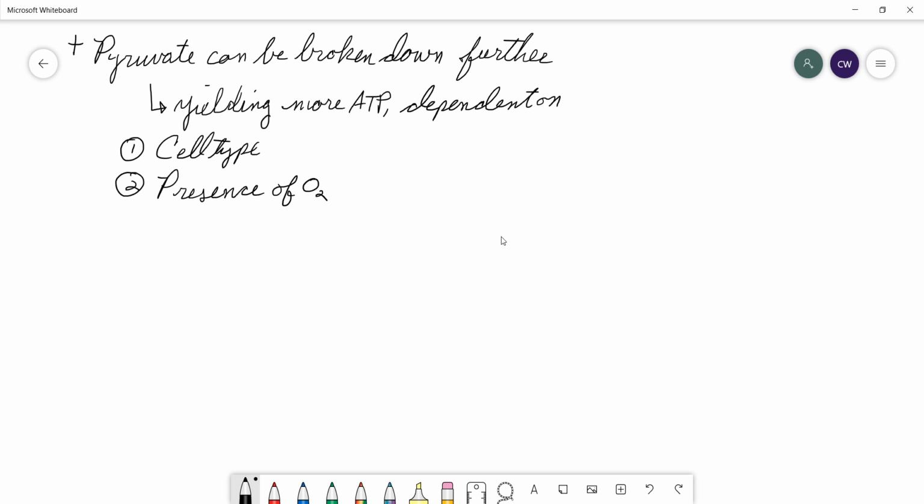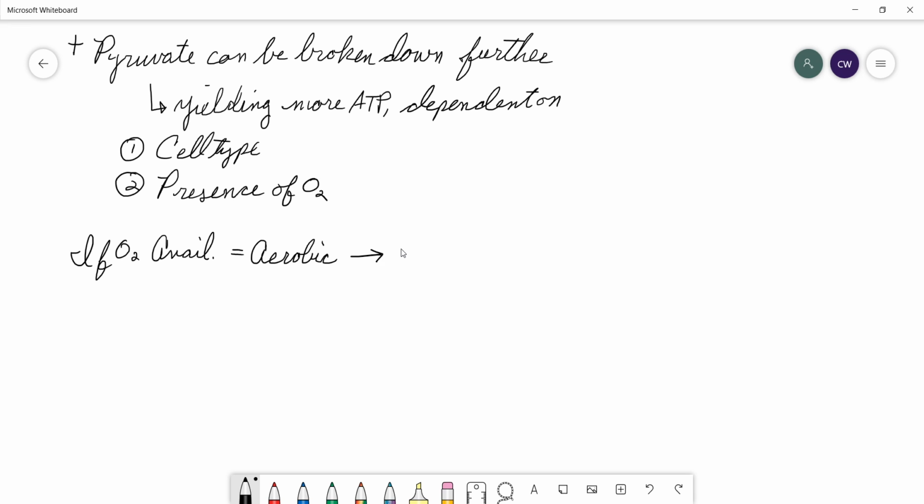All right. Because if oxygen is not readily available, that very much changes things. Okay. So if oxygen is available, right, that means we're under aerobic conditions. Okay.